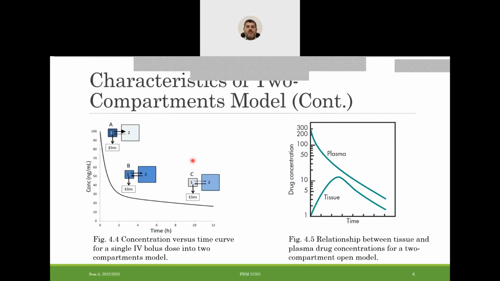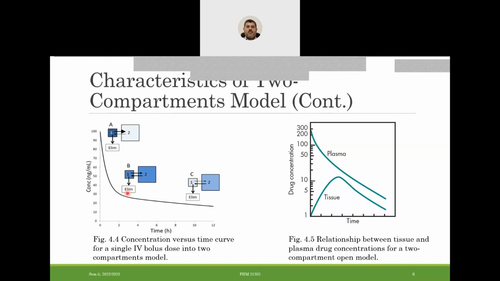As you see, when we give the injection, all the drug is in the central compartment at the beginning. So the prominent direction is 1 to 2, until reaching equilibrium and finishing the distribution phase. Here, we got equilibrium between the drug concentration in the central and peripheral compartments. Then elimination is the only thing that will affect the drug concentration in the central compartment.